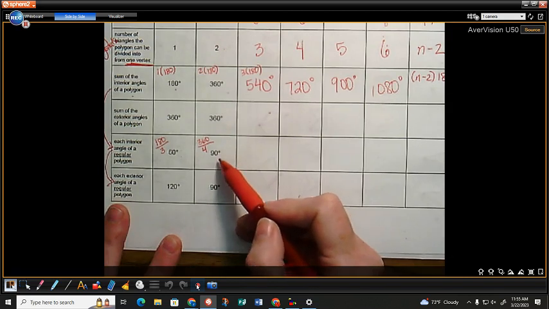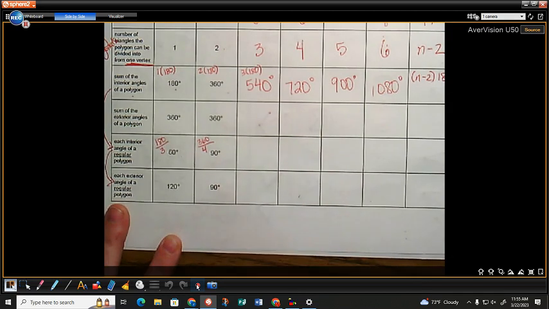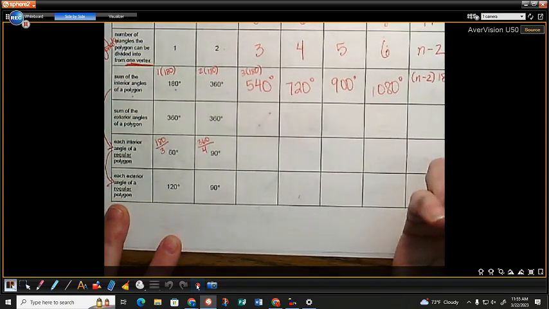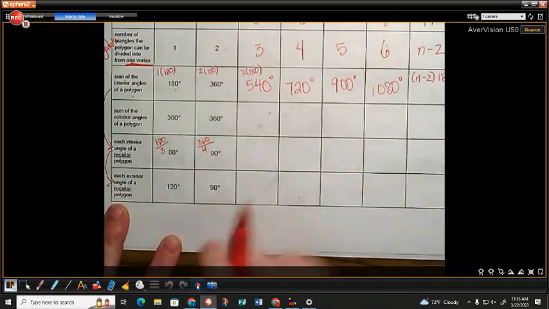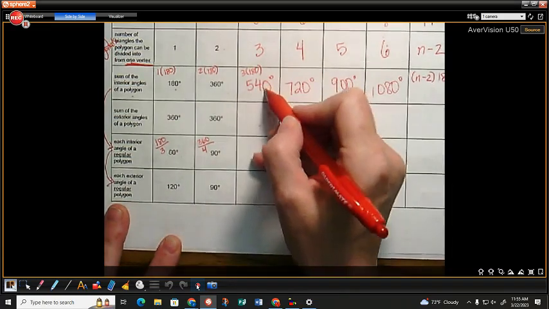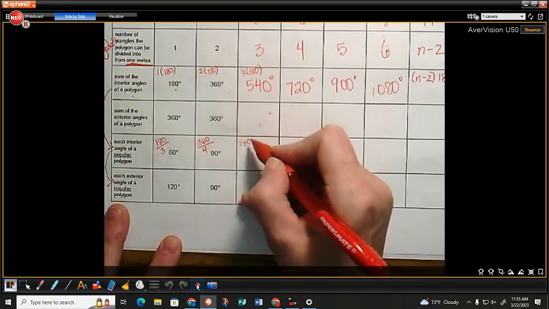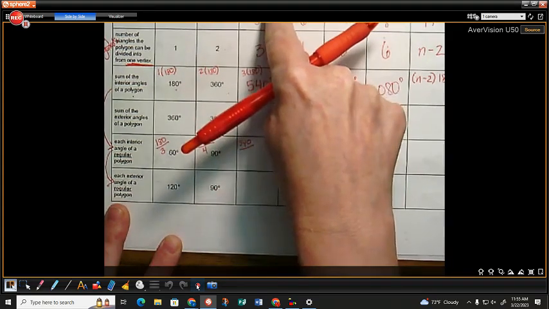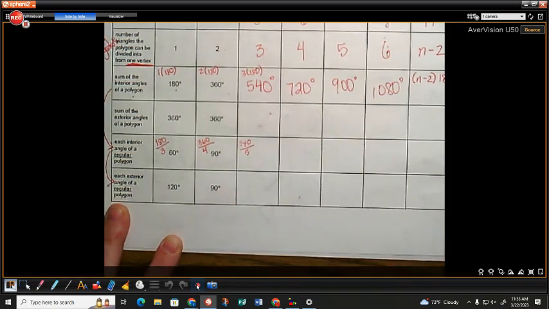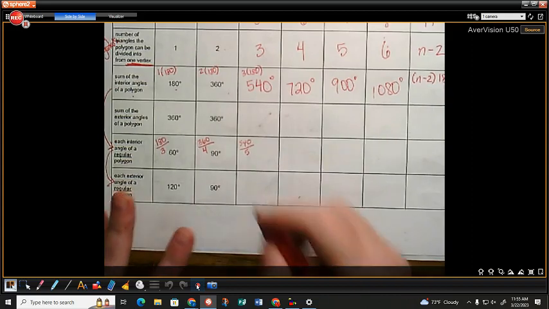Guess how big its angles are? 90 degrees. So if you've got a regular pentagon, how many degrees am I sharing out? I'm sharing the 540 total among how many angles? 5. Among 5 of them, which gives you how much? 72.